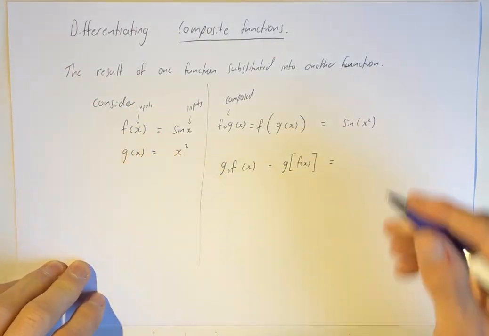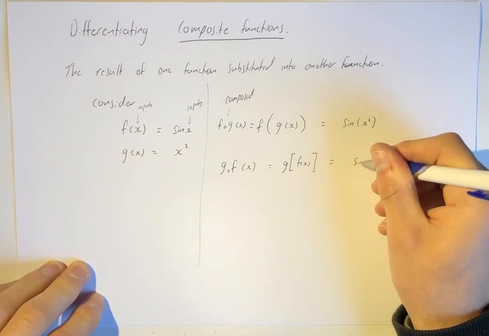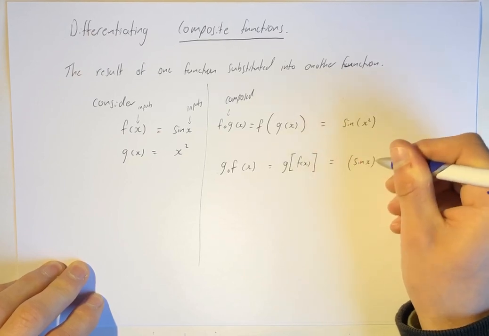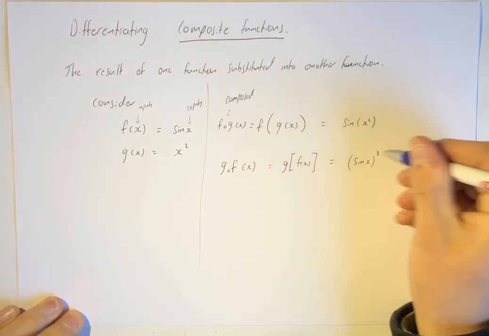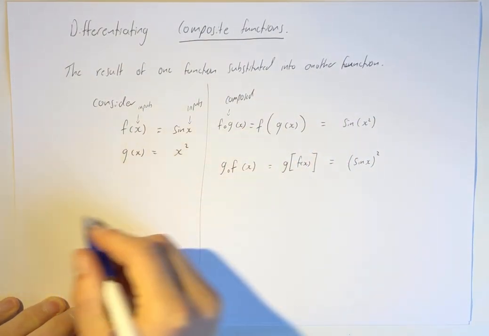And f of x is sine x, so that would actually be sine x squared. So yeah, I guess that's it. Maybe we'll look at one more example.